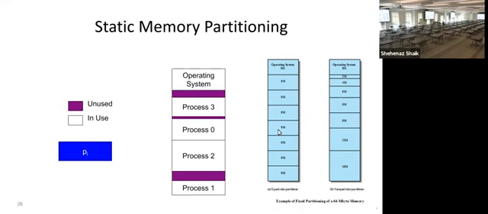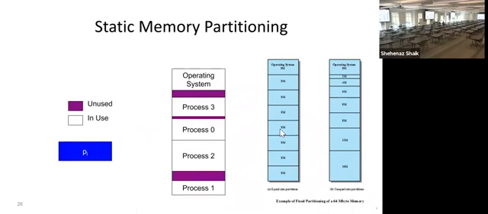So in this particular case, the small process is allocated more physical memory space than it requires. So it ends up using only part of it, and a part of that allocated memory space is unused by the process, and at the same time it cannot be allocated to any other incoming small process, considering that partition is already allocated to some other process.